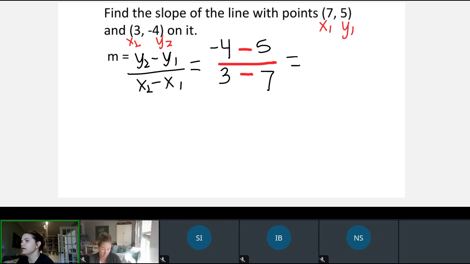Okay, so we have -4 minus 5. So we get -9. 3 minus 7 is -4. What happens when I have a negative number divided by a negative number? Anybody?